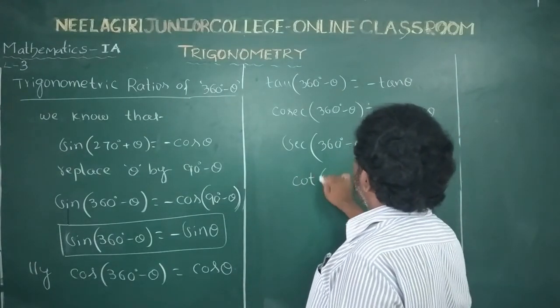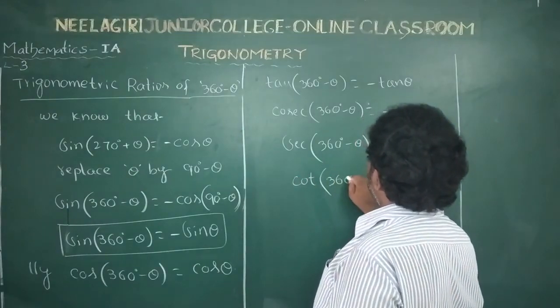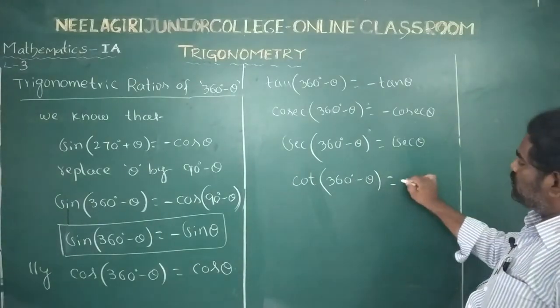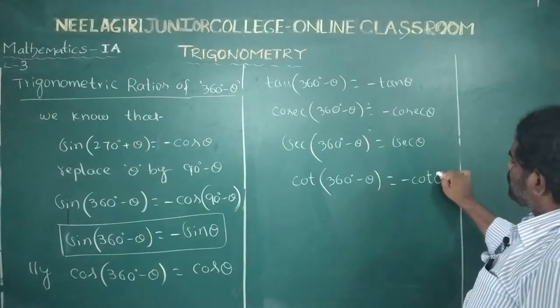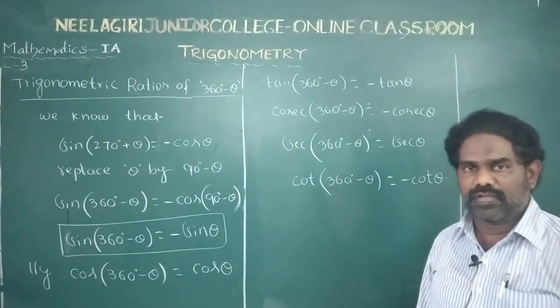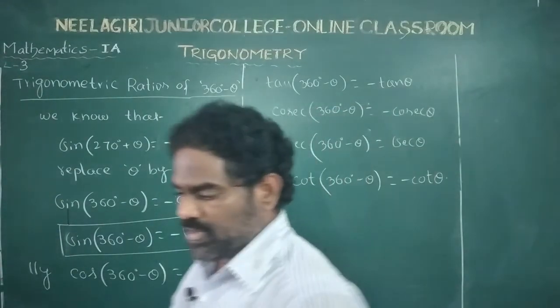Cot of 360 degrees minus theta equals minus cot theta. Understand? We should continue our topic in the next class.